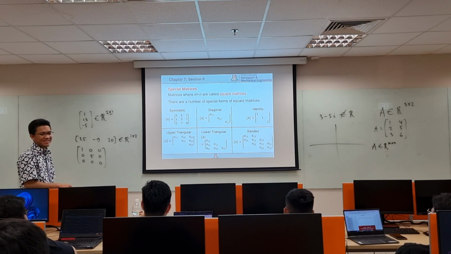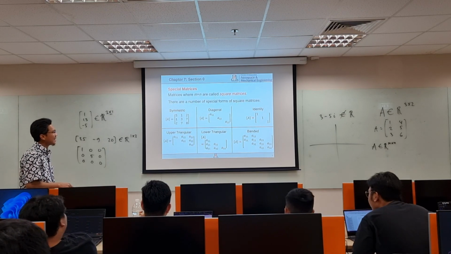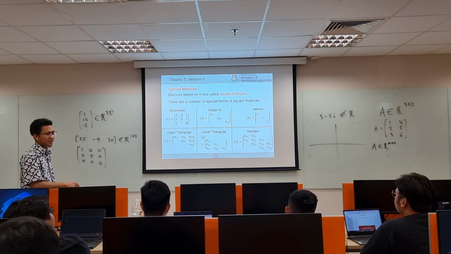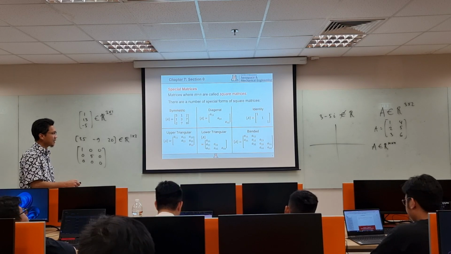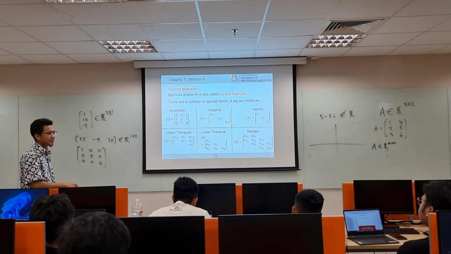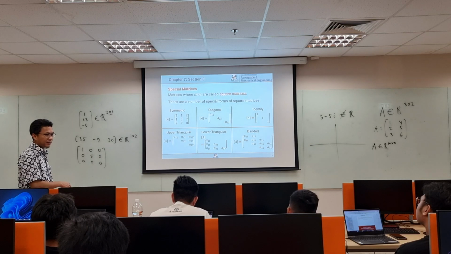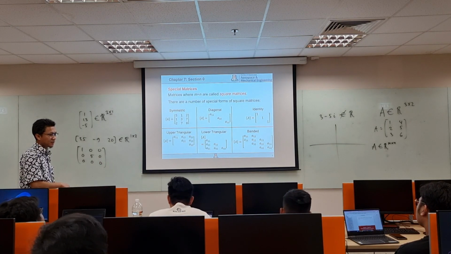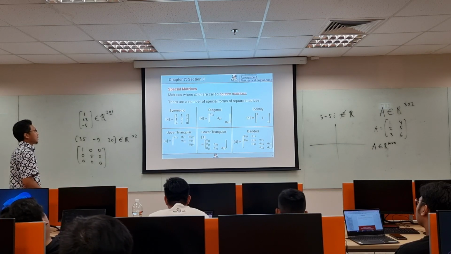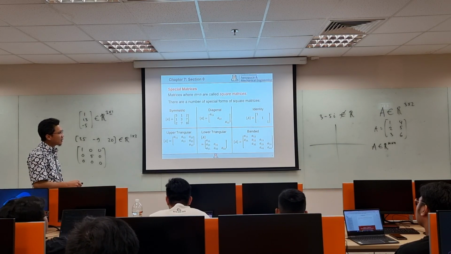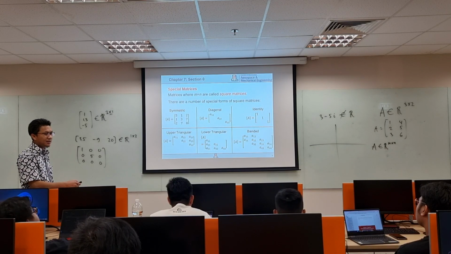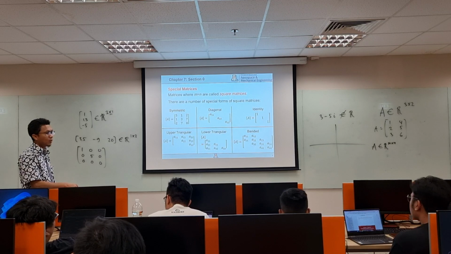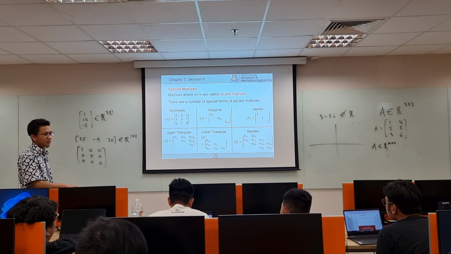It looks like a symmetric. The diagonal must be symmetric also, but symmetric is not always diagonal. This is a diagonal matrix, only that the last entry here is 0. The next one, identity. Identity is a diagonal matrix where the diagonal entries are all 1. That is identity.